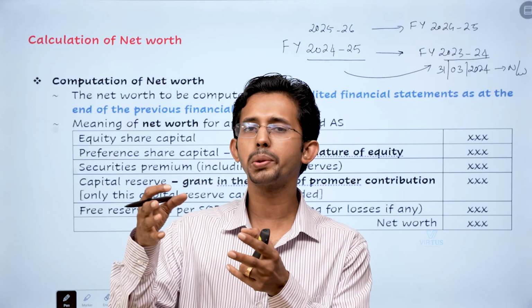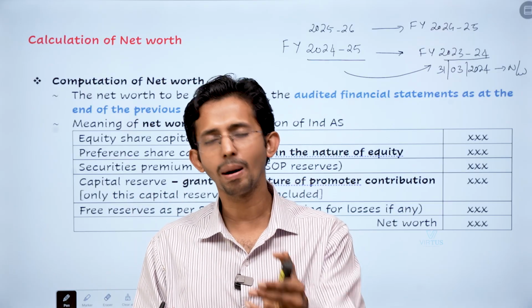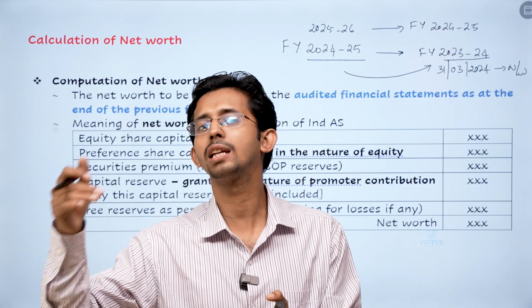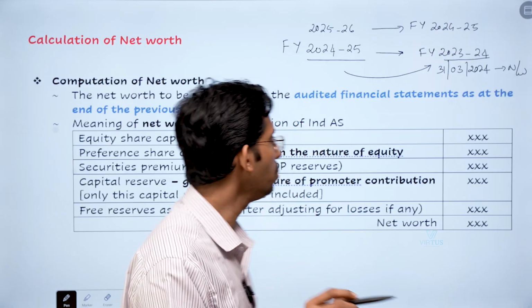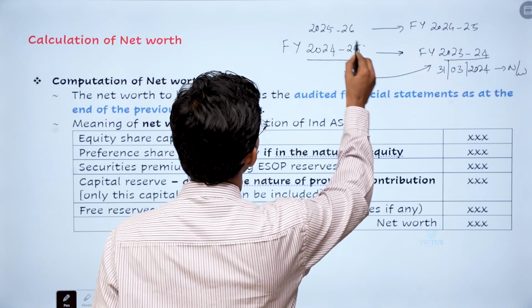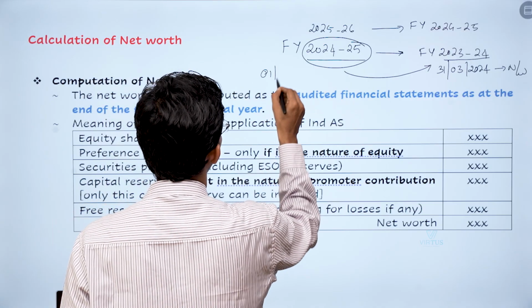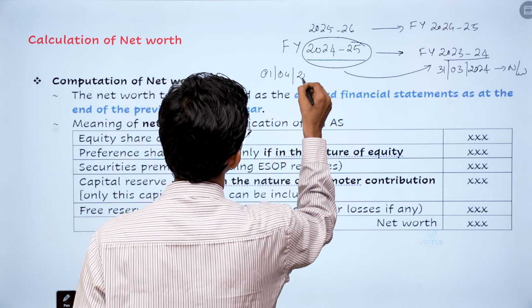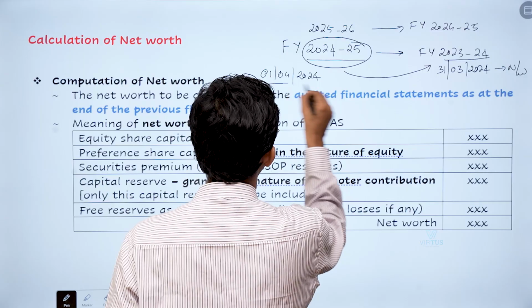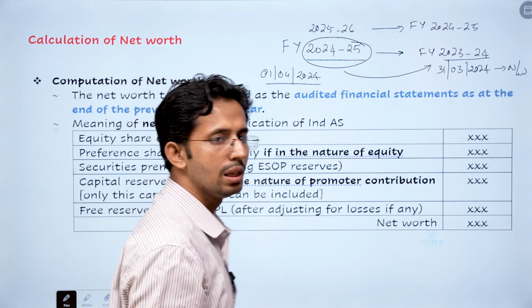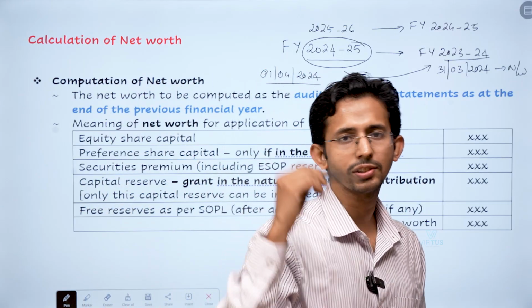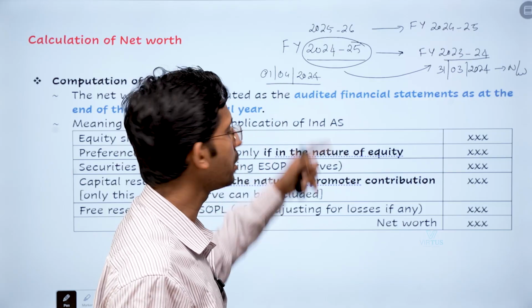If you have decided to apply Ind AS, you have to apply it right from the beginning of that financial year. So if you need to apply it for financial year 24-25, you have to apply it right from 1/4/2024 onwards.